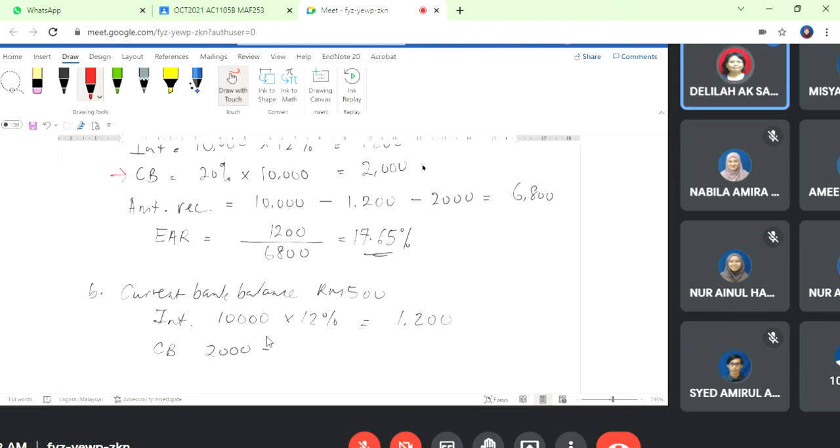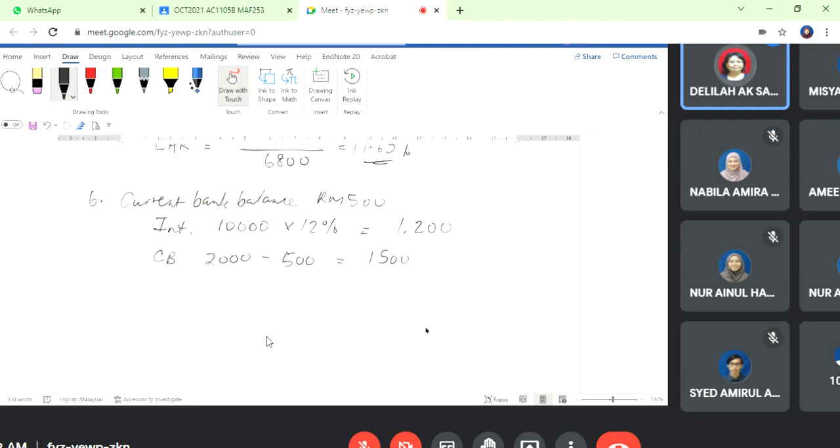So this is where we get 2,000. But now you have 500 ringgit in your bank account. You akan tolak daripada CB. So CB, you perlu top up sebanyak 1,500 saja untuk masuk ke dalam account. Okay, so then you maintain your minimum 2,000 ringgit there.